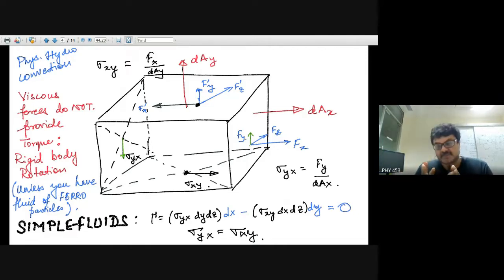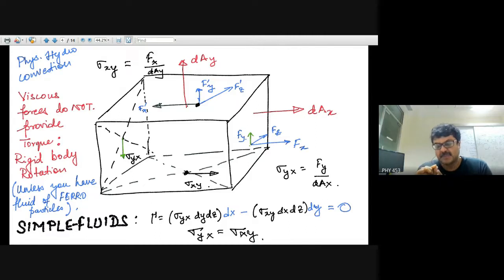So if there's an element of the fluid, this fluid is giving a force to this fluid, and the force that this fluid is giving to the other is in the opposite direction. Hence, this green arrow is in this direction, this green arrow is in this direction. The point is, this force is equal and balanced.